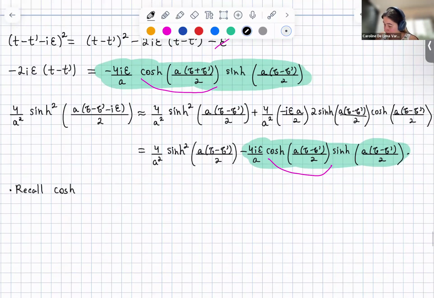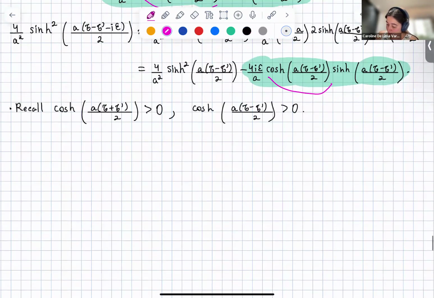So cosh, no matter if it's this or the other one, they are always positive. So the strategy here is just to define some new epsilon, okay?